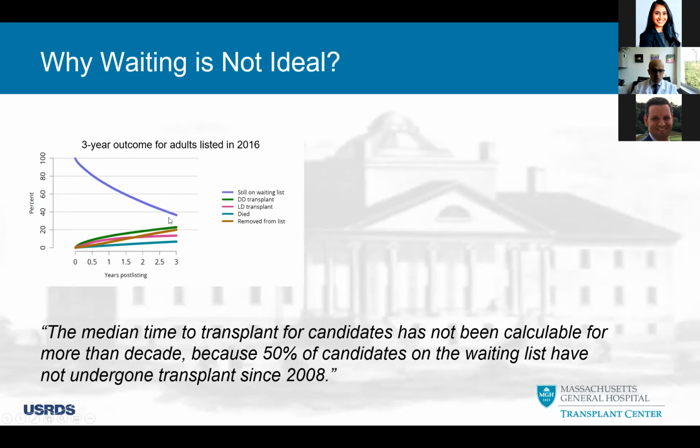In purple, it shows you the patients who were still waiting for a kidney transplant, and that's close to 40%. In dark yellow are those who were removed from the list, and that's close to 20%. And then those who were deceased, unfortunately, were in blue. So if you combine those who are still waiting or deceased or removed from the list, that's close to 70%. So that's 3 years into waiting.